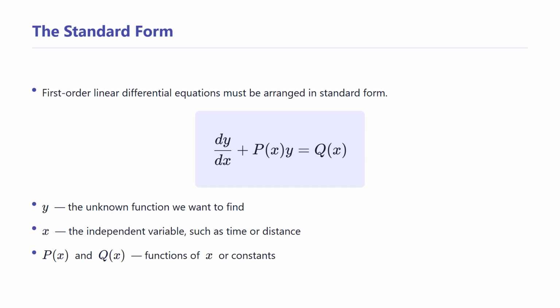The function p of x represents whatever is multiplying our y variable. Finally, q of x is the function on the right side, representing an external force or input to our system. Notice that the coefficient in front of the derivative must be exactly 1. If there is a number there, you must divide the whole equation by it first.